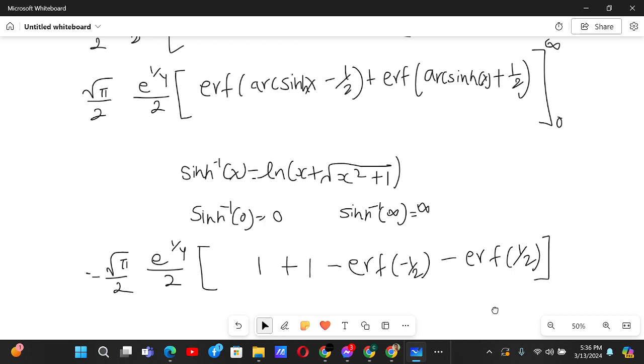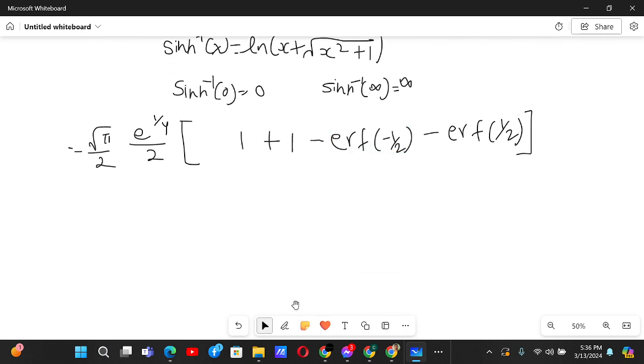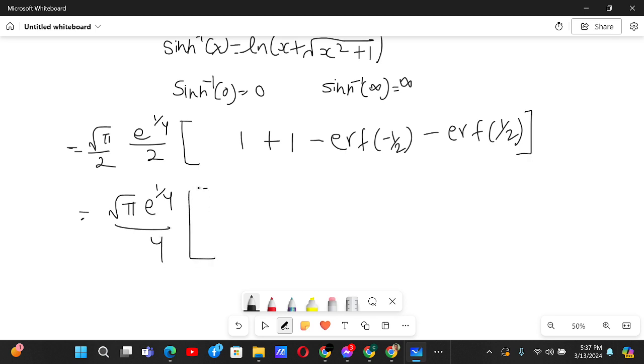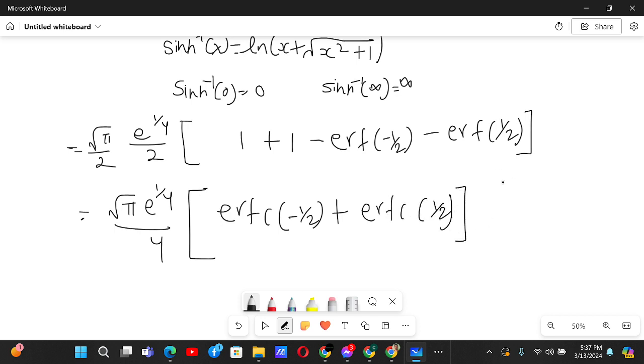Now we know that 1 minus the erf function is the erfc function, that is the complementary error function. That's why root pi e to the power 1 by 4 by 4, 1 minus erf of minus 1 by 2 is erfc of minus 1 by 2, and 1 minus erf of 1 by 2 is again erfc of 1 by 2. This is because erfc of x is 1 minus erf of x.